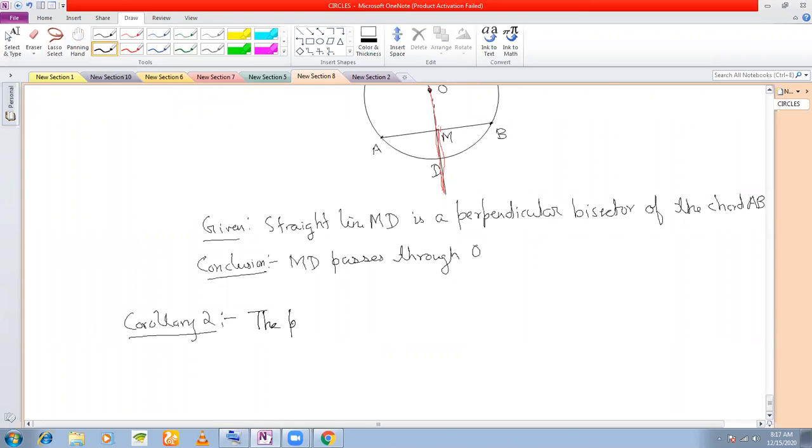The perpendicular bisectors of two or more non-parallel chords, which are not parallel.